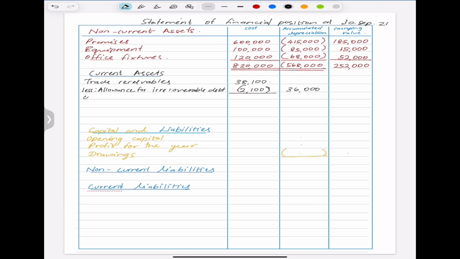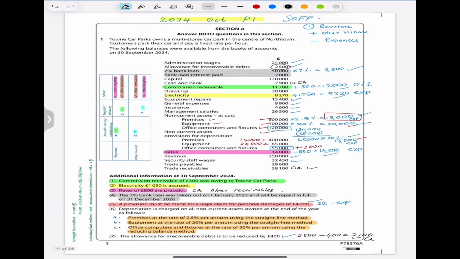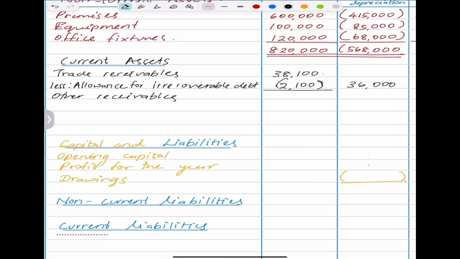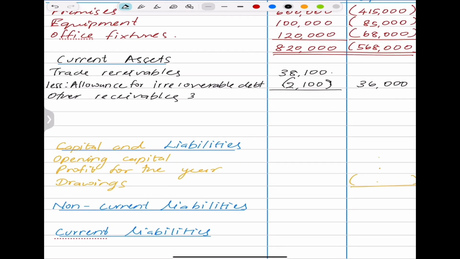Now other receivables. You have this commission receivable and the prepaid expense as well, which go under other receivables under current assets. So it's 300 plus 800, equal to 1,100.